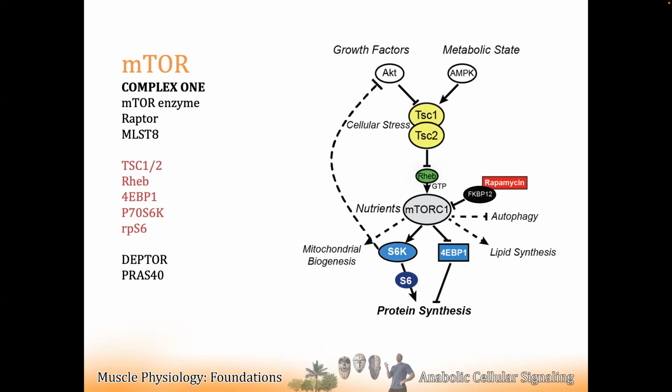And the tuberous sclerosis protein complex functions as Rheb's GTPase activating protein, a GAP. So let's say tuberin gets mutated in a way that its function is compromised. Okay, you get tuberous sclerosis. That's a condition with out of control benign tumors, right?